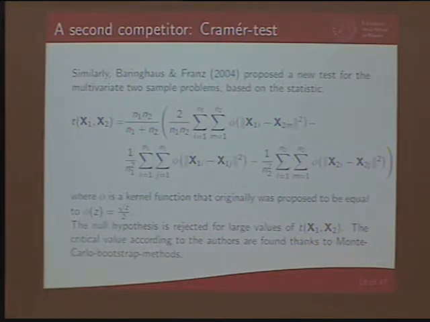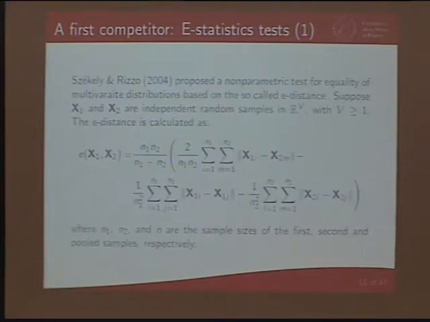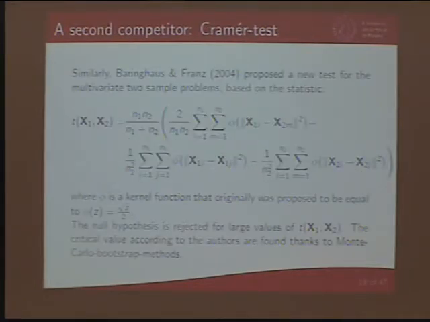But in order to estimate the distribution, they use kernel functions, and particularly this kind of kernel function. And again, they use Monte Carlo bootstrap methods to estimate the distribution of the test statistic. As you see, those two tests are based on distances, so basically they are suitable for continuous variables.